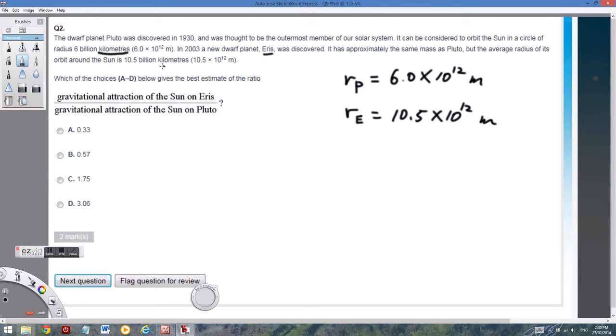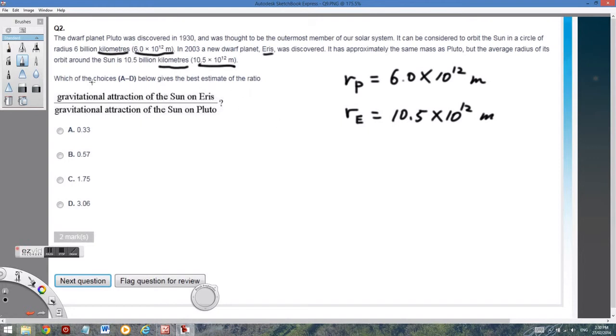It's kilometers, so I need 10 to the power of 3 to get meters. Oh sorry, no, I didn't make the mistake, I got confused, because the question gives a value like that.